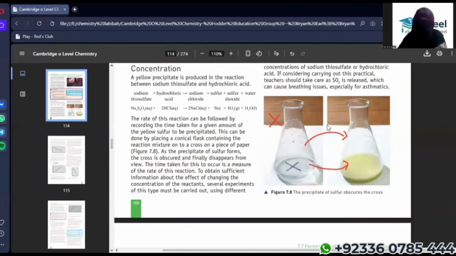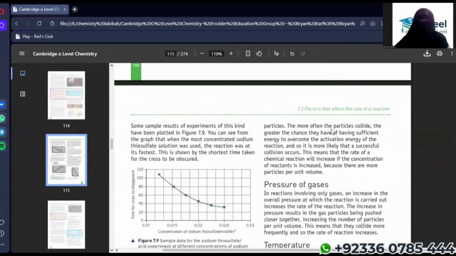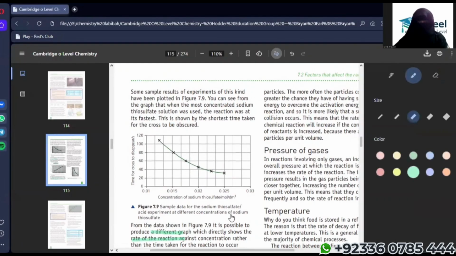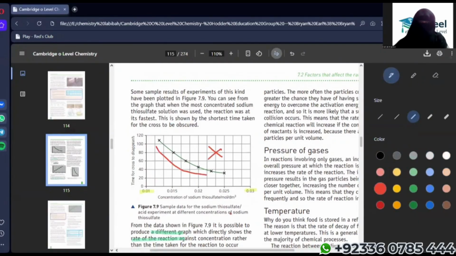If you were to plot this on a graph of concentration of sodium thiosulfate against time, in the y-axis, you can see that increase in concentration, which is in your x-axis, all the way from 0.01 to 0.03 decreases the time taken for the cross to disappear.